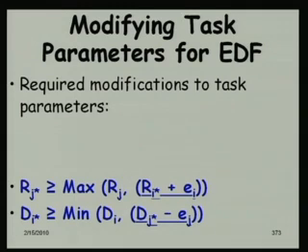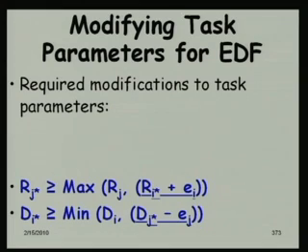Unless some of you want more examples on that, but it looks like it is simple and you do not need additional examples. Concepts are simple on modifying task parameters for RMA. Now, let us try to see how task parameters can be modified for EDF.